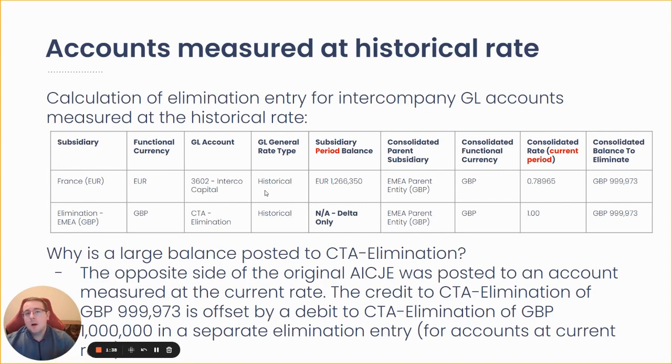As we know, accounts measured at the current rate will be eliminated via a separate journal entry in NetSuite. So that journal entry will include an offset to the CTA elimination account. That's why we see such a large balance here for the historical elimination journal entry.